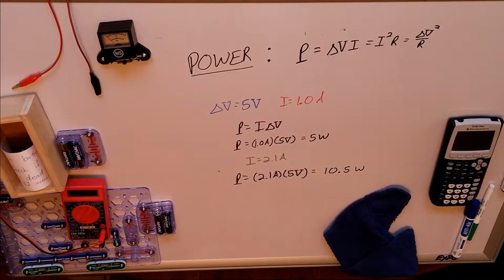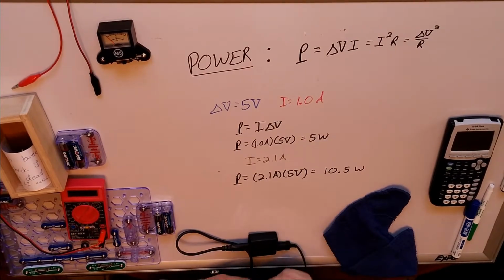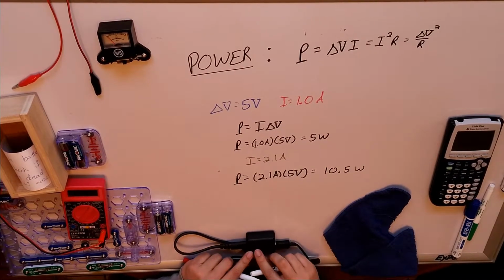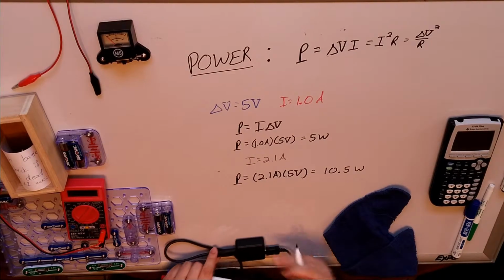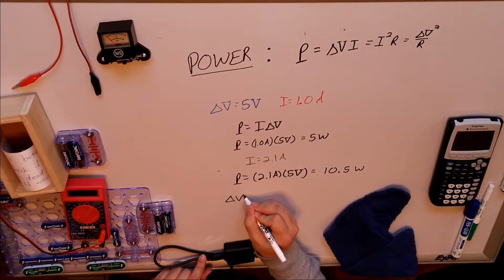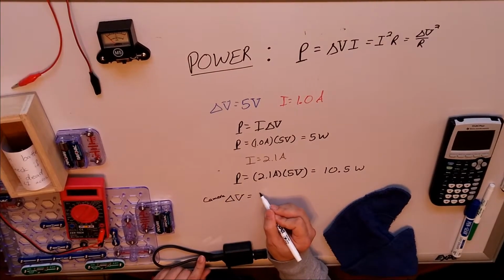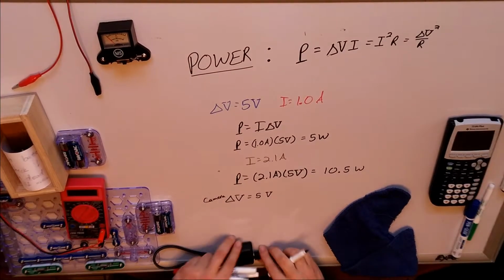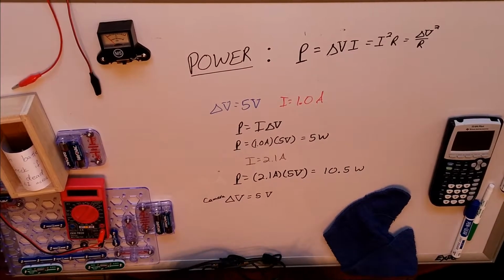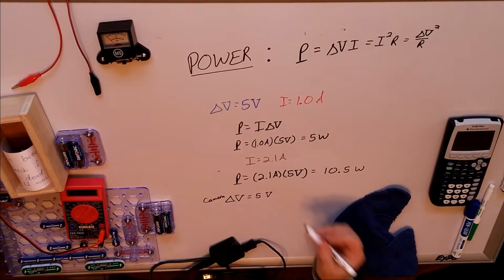Let's check a couple of others. I've got an old charger for a camera here, one of my old cameras. In fact, I used to do videos with this one. It says that it has an output of 5 volts and 650 milliamp. So we've got delta V for my camera is 5 volts. You'll see that 5 volts is a pretty common supply. In fact, you'll notice that they've got these USB connectors. Most USB connectors are designed to be 5 volts.